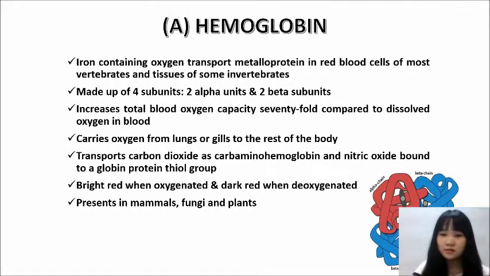It increases total blood oxygen capacity 70-fold compared to dissolved oxygen in blood. It carries oxygen from lungs or gills to the rest of the body, and it also transports carbon dioxide as carbaminohemoglobin and nitric oxide bound to a globin protein. It is bright red when oxygenated and dark red when deoxygenated. Hemoglobin is present in mammals, fungi, and plants.